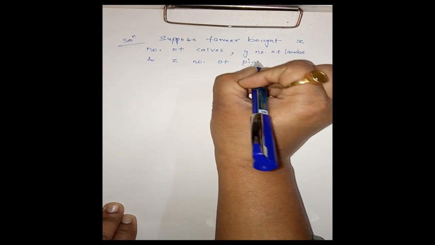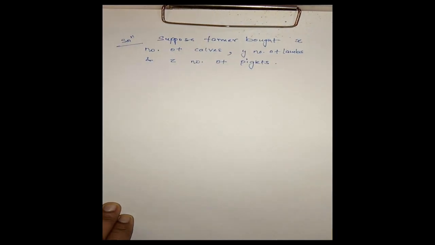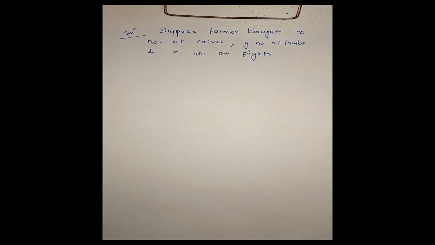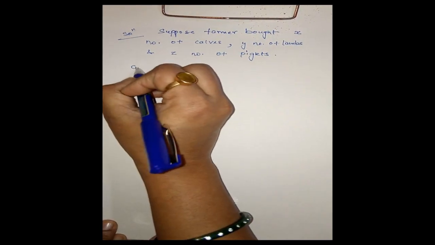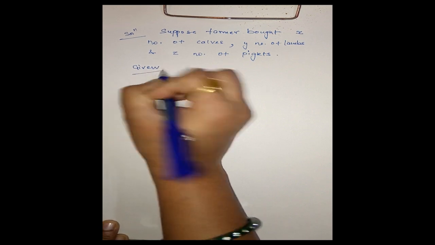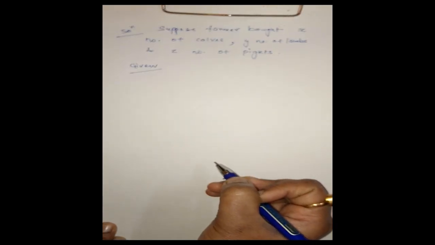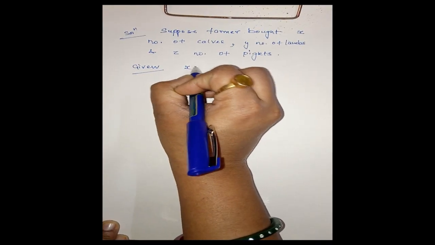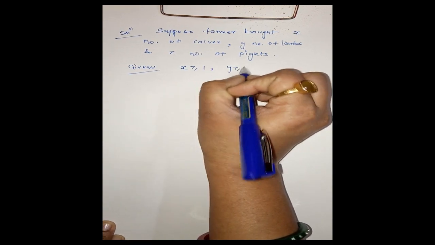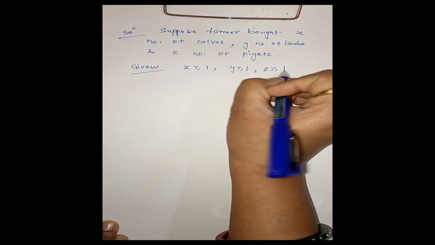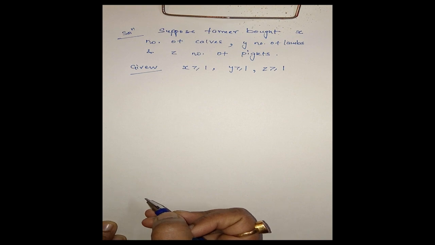Okay, we have to find these X, Y, and Z, and the conditions given to us are: the farmer bought at least one of each type, meaning X is greater than or equal to 1, Y is greater than or equal to 1, and Z is also greater than or equal to 1. This is our first condition.